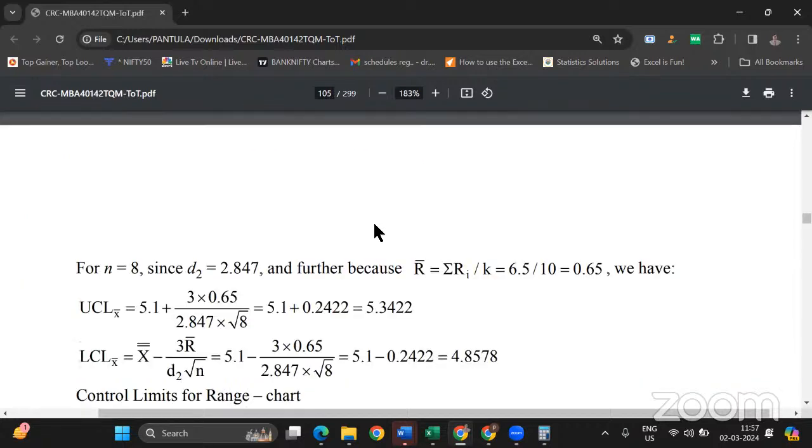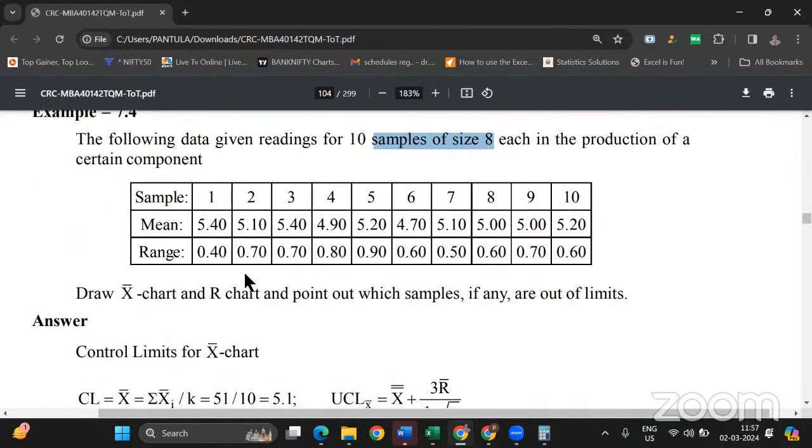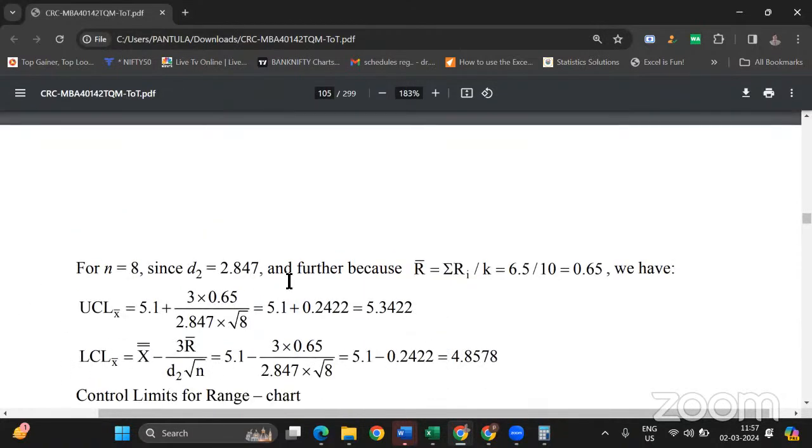D2 is nothing but 2.87. And further R bar is equals to summation of R divided by K. So 6.5 divided by 10. That equals 0.65.